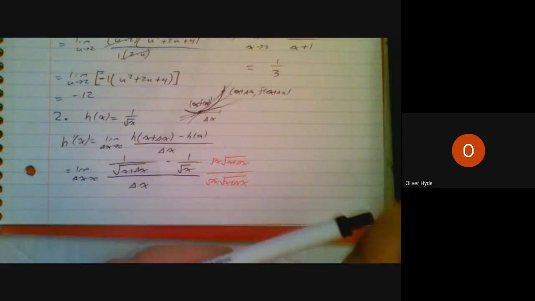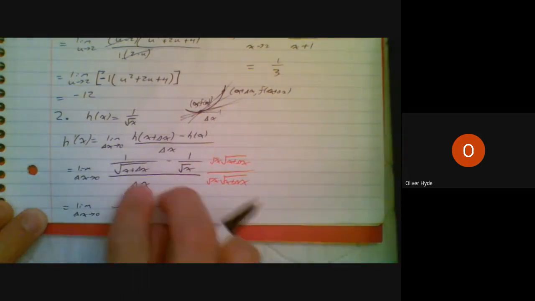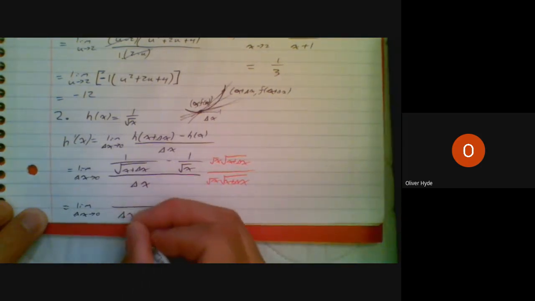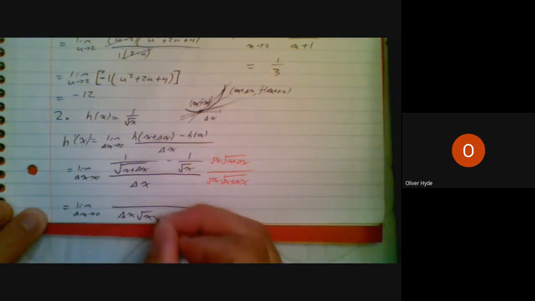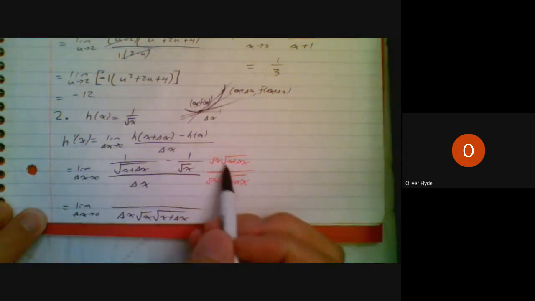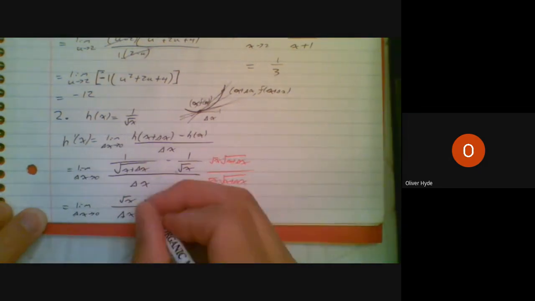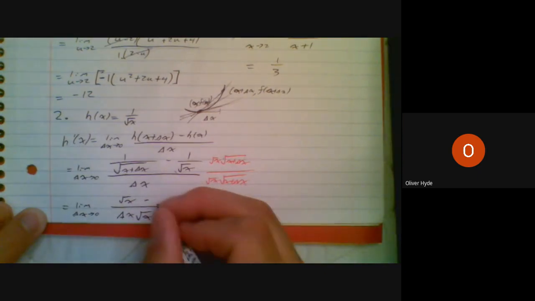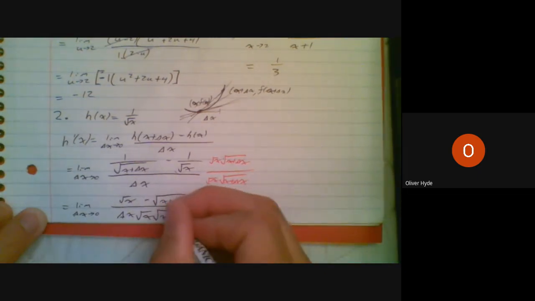This will give me, let's see, definitely an indeterminate form because I've set it up that way. But I just want to leave my denominator in a factored form. There we go. In my numerator, that factor will divide that factor, leaving me with a factor of root x. That factor will divide that factor, leaving me with a minus 1 root x plus delta x.